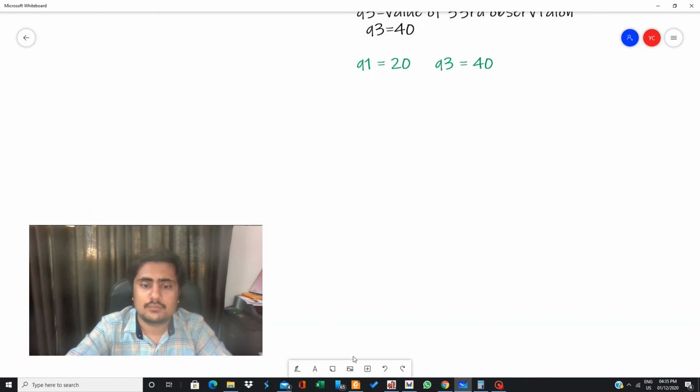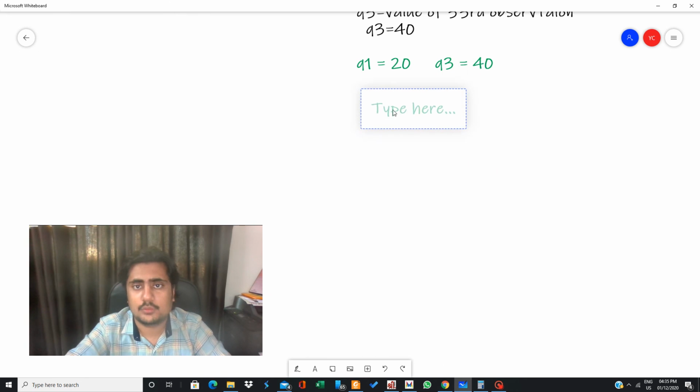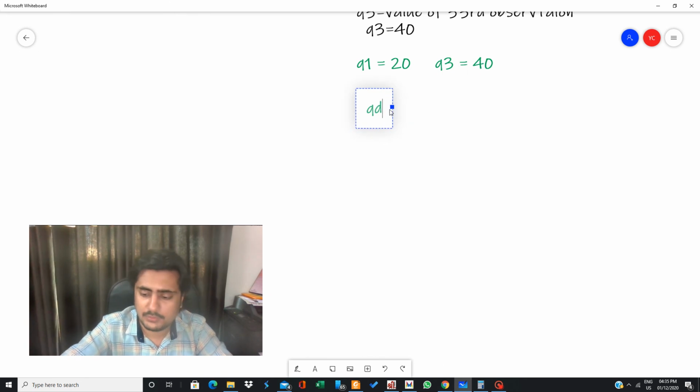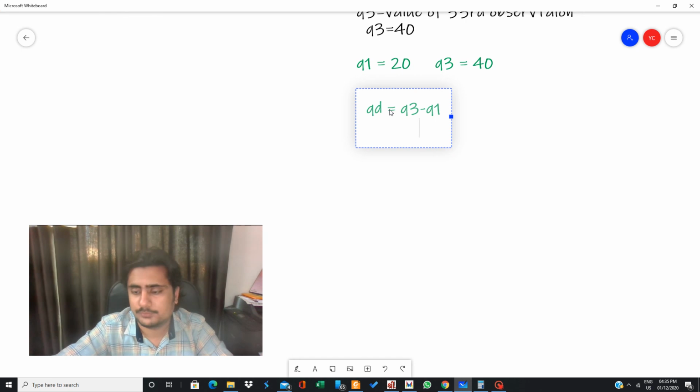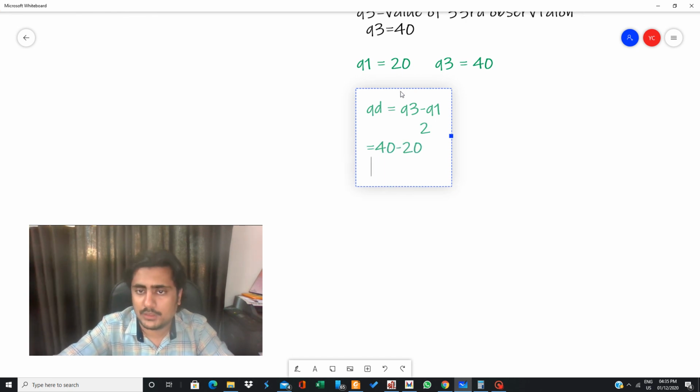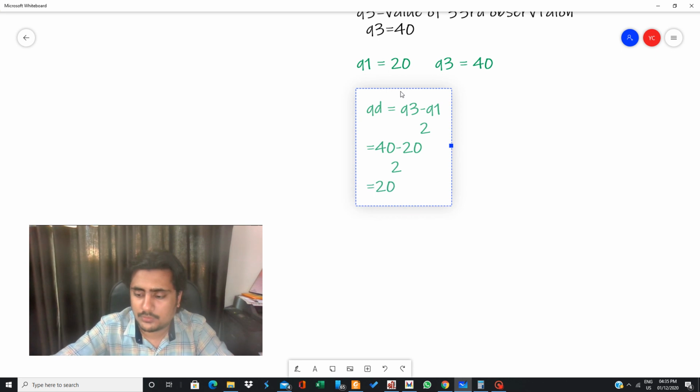Now I have to find QD and the coefficient in this sum. So QD will be Q3 minus Q1 upon 2. So it's 40 minus 20 by 2. So it's 20 by 2, that is 10.